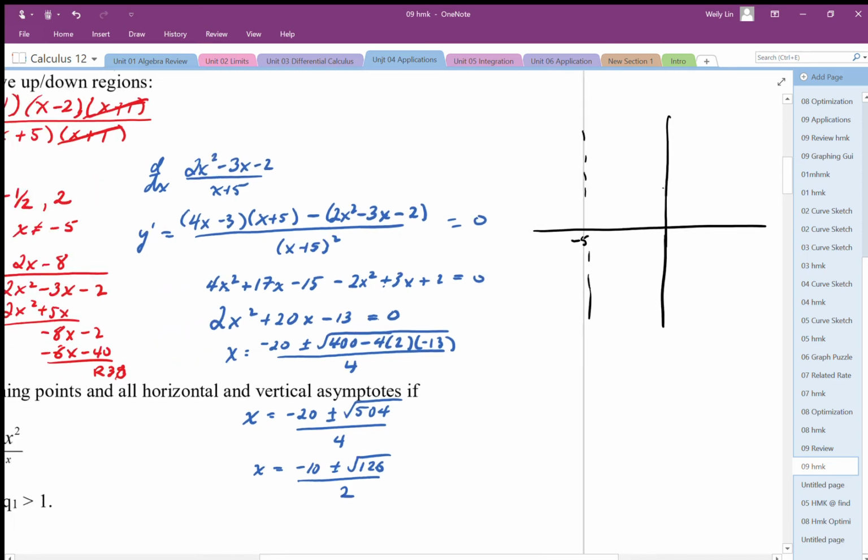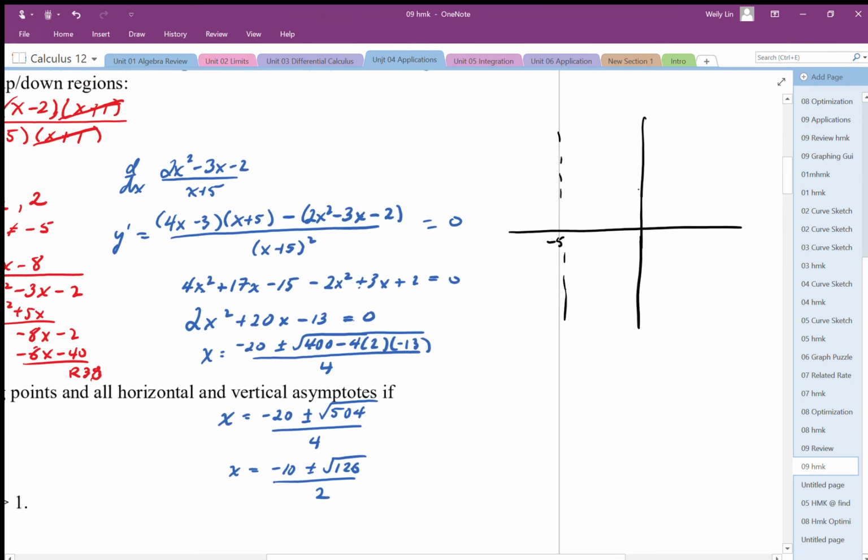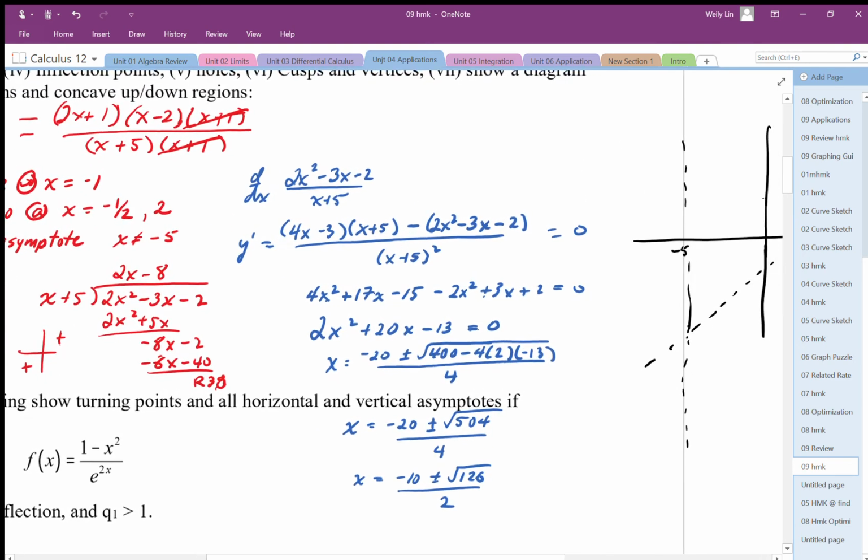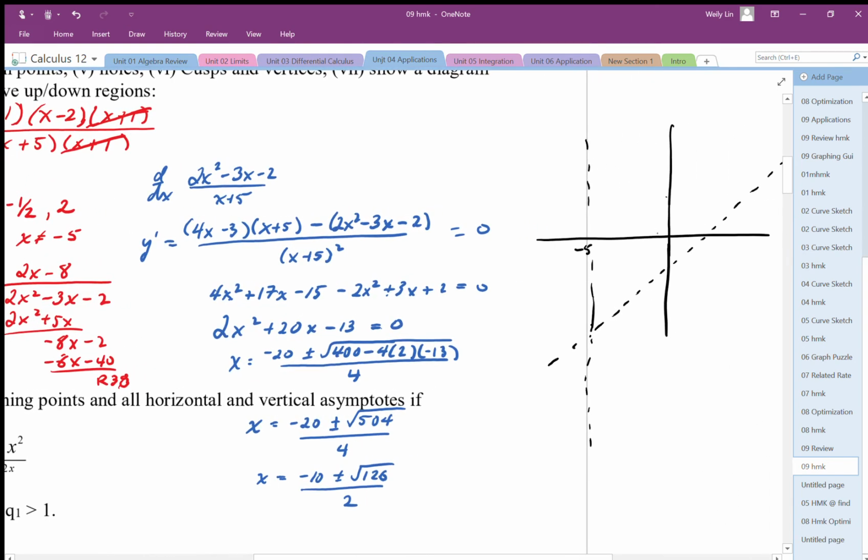We have a slant asymptote, which is going to be 2x minus 8, so it's going to be some graph that looks kind of like that. Okay, what were our zeros again? Negative 1/2 and positive 2. So we're going to have zeros somewhere like that.